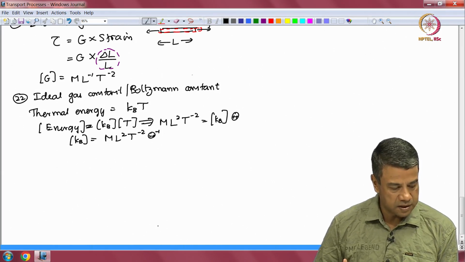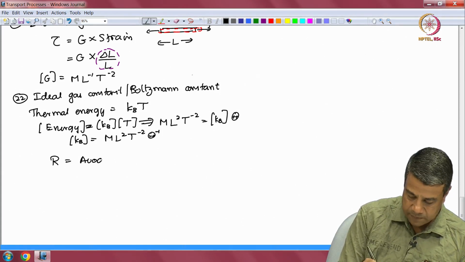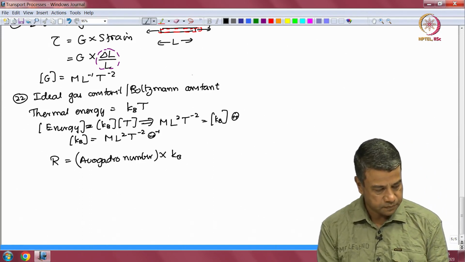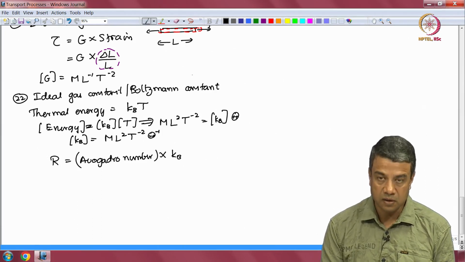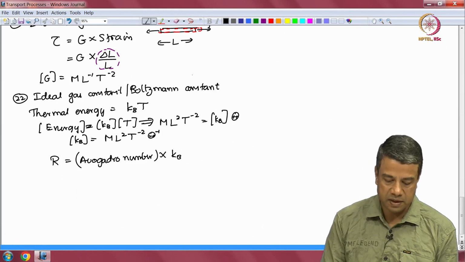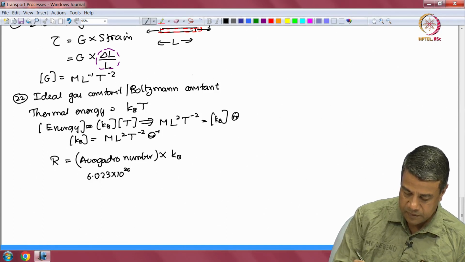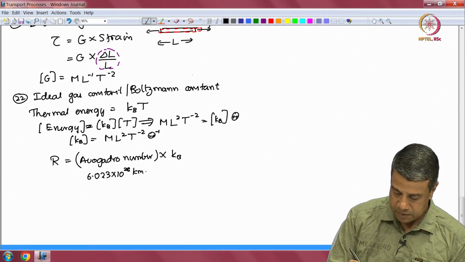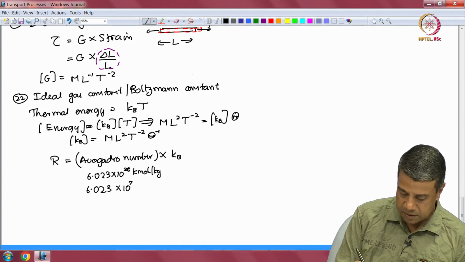So, for example, the ideal gas constant R is equal to the Avogadro number times the Boltzmann constant, where the Avogadro number, if you express the ideal gas constant in kilomoles, will be 6.023 into 10 power 26, or it is 6.023 into 10 power 23.